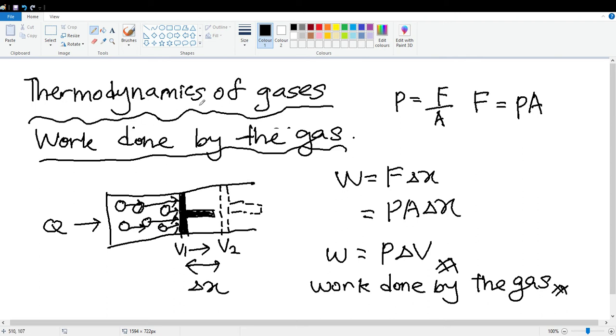So this wall of the piston will eventually move from the initial volume to the second volume. Since there's a change in volume, there's work done by the gas. Alright, so this is the basic definition for the work done by the gas.